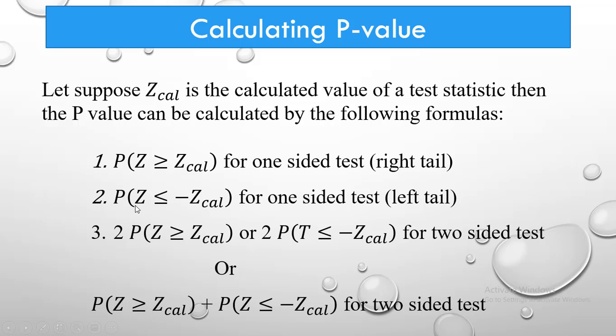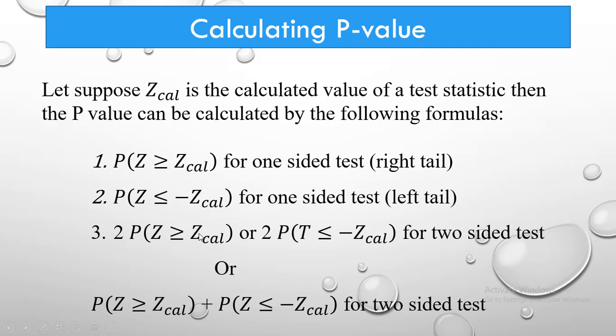And second, you can calculate using P(Z ≤ −z calculated), where z calculated is your calculated value of the test statistic, for a one-sided test, left tail. And if your test is two-sided, then you calculate the p-value using this.